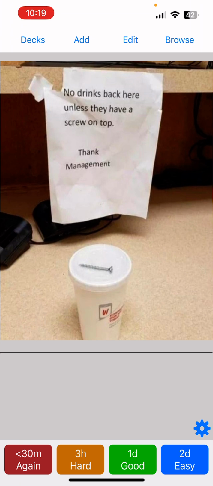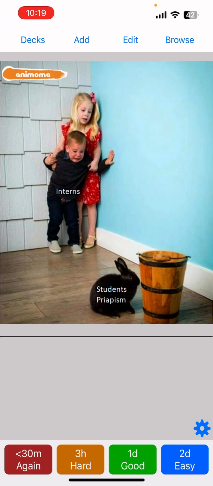No drinks back here unless you have a screw on top. Huh? Unless you have a screw on top? Oh, unless they have a screw on top, as in you can, oh my gosh. I'm not even gonna try it. Nah. What? I remember this, back on Reddit.